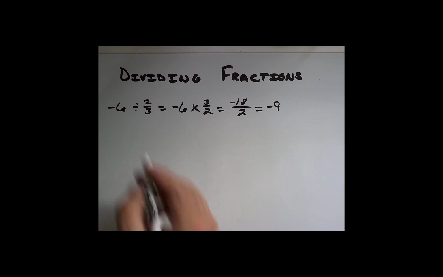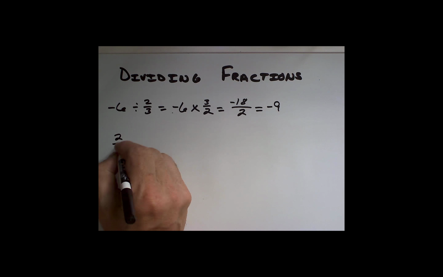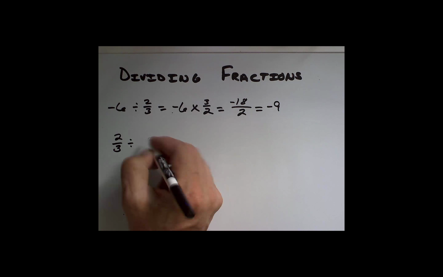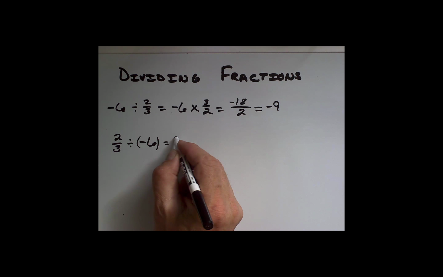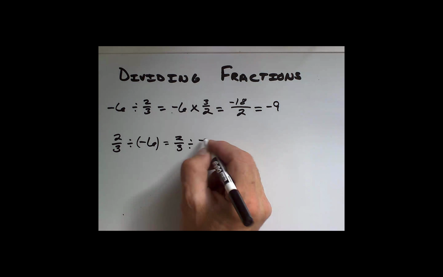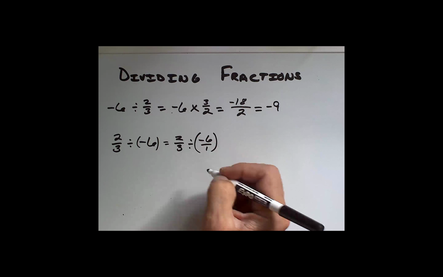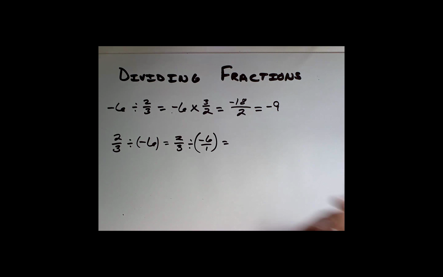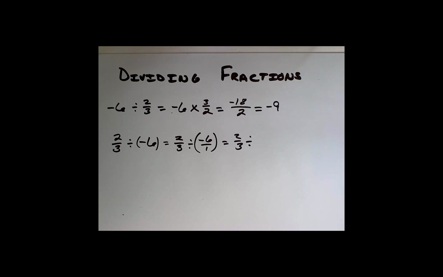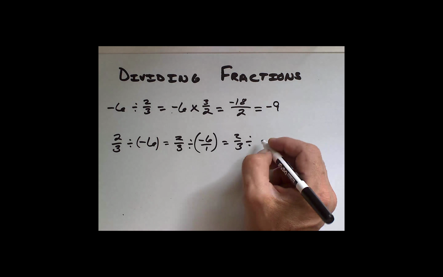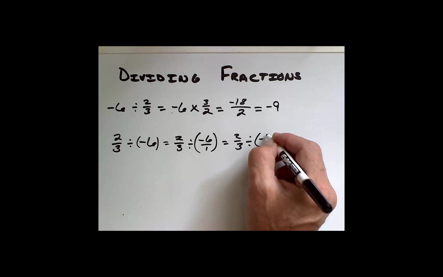What if we switch this around? What if we went 2/3 divided by -6? Remember, -6 can also be written as -6/1, so it's 2/3 divided by -6/1, or we can rewrite this as 2/3 divided by, we take the reciprocal of -6/1, and it would be -1/6.